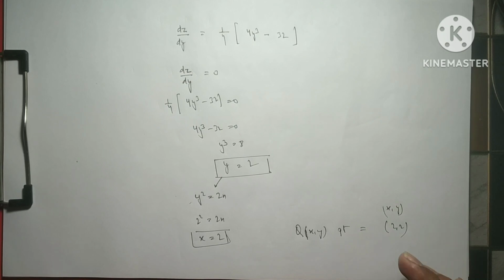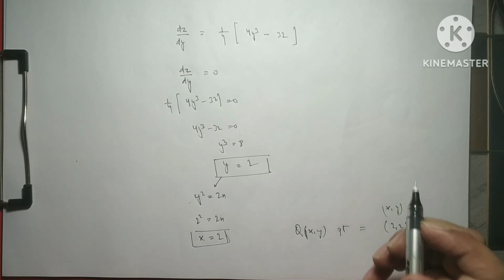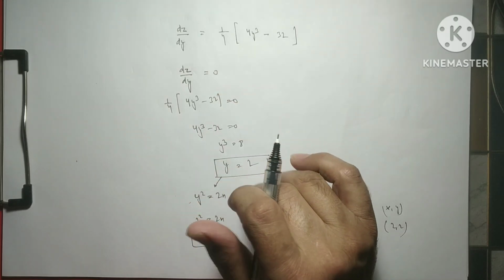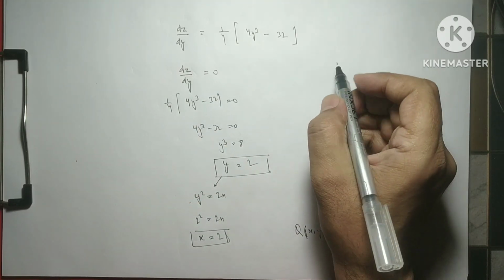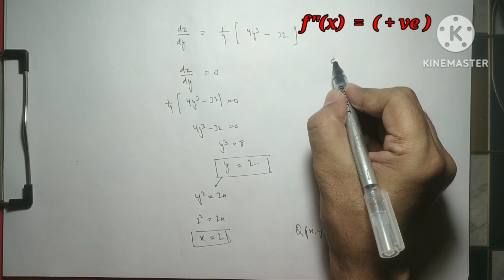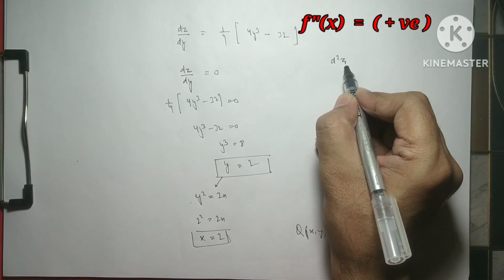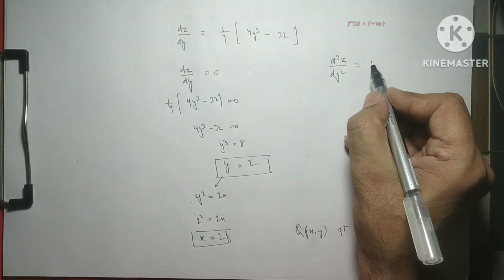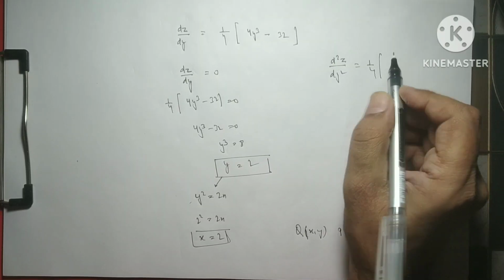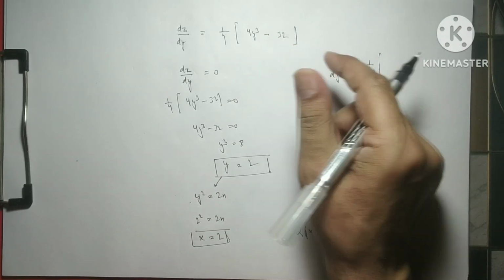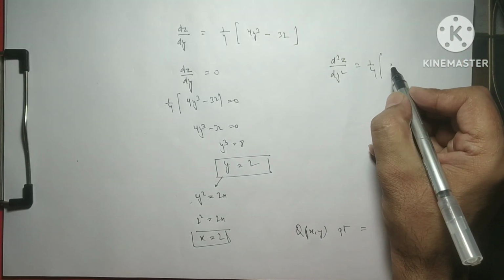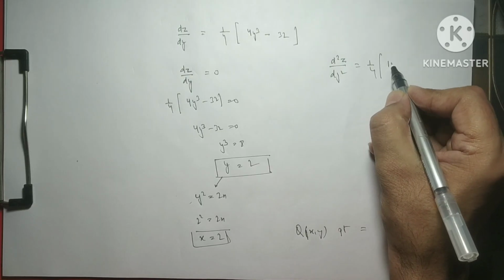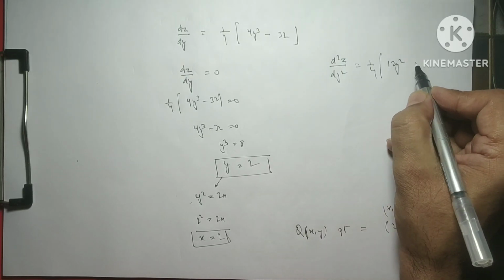Right now we want to show this point is the closest, which means the second derivative of this function should be positive. So when we go for the second derivative, d2z over dy square, 1 by 4 is common, and when you differentiate, we get 12y square.